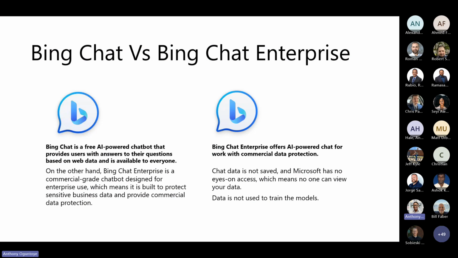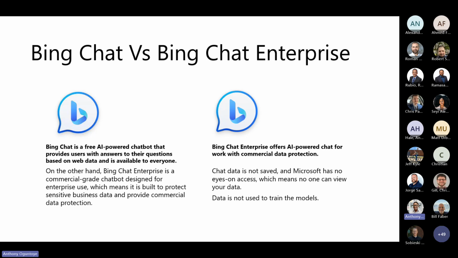Now let's focus on Bing Chat and Bing Chat Enterprise. Bing Chat and Bing Chat Enterprise are two different products offered by Microsoft. Bing Chat is a free AI-powered chatbot that provides users with answers to their questions based on web data. You can ask Bing Chat both simple and complex questions. You can use it to research or request summaries of articles, books, events, the news, sports results, and many more.